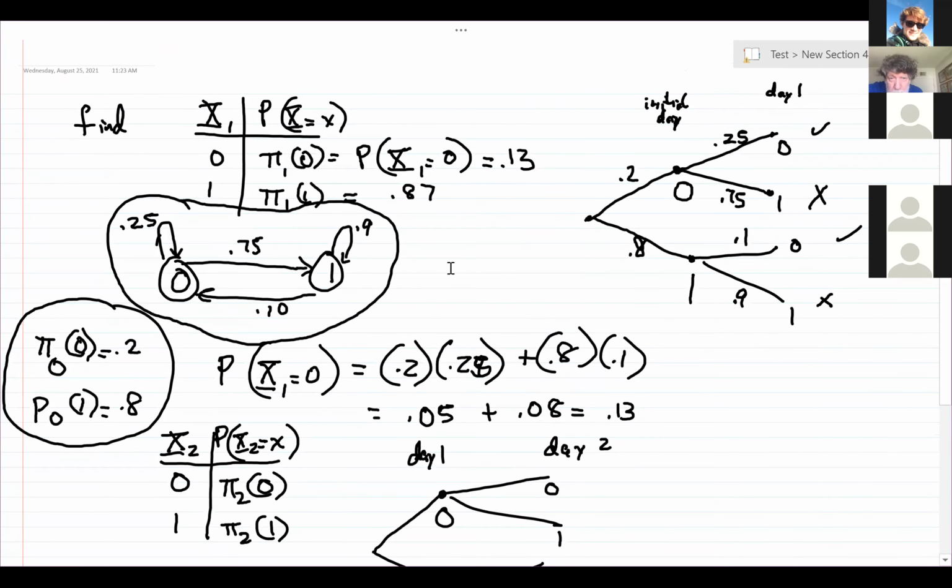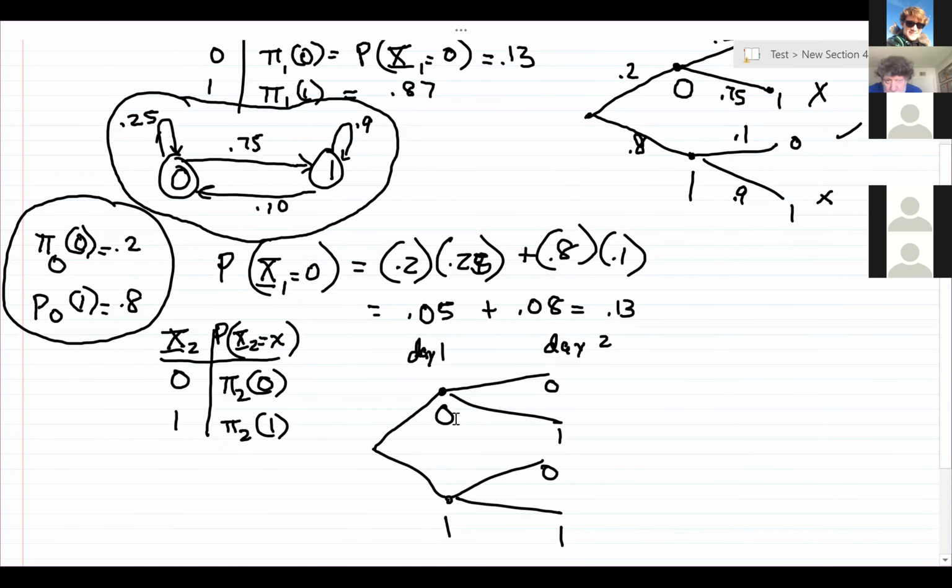That's the 0.13. That goes here. The chance that you're working on day one is 0.87. That goes there. So this makes use of the previous calculation. For the rest of it, those are transition probabilities. Those don't change. So the chance of going from broken back to broken is still the 0.25 as it was before. So I'll put it in here. The chance you went from a broken state to a working state in 1 day's time is 0.75.